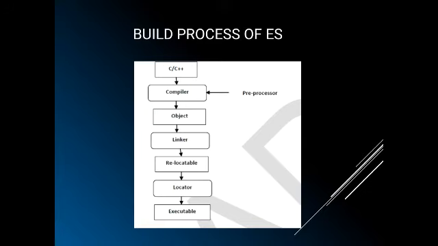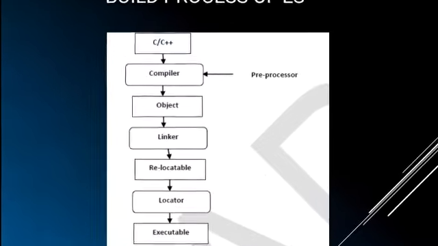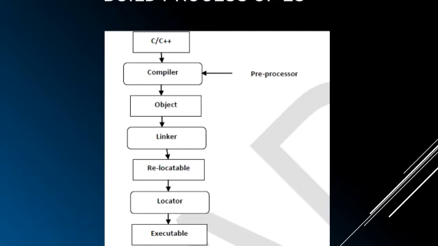Then the object code file will be converted into a linked file, that is, the necessary library files needed will be linked by the linker, and the linked file will be located in a memory. That memory location will be given to the processor, and the processor will locate that memory, and then it will be executed.